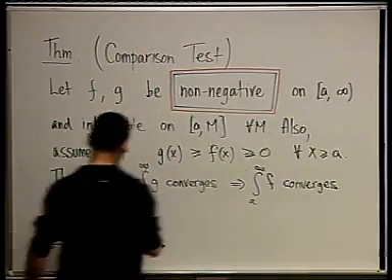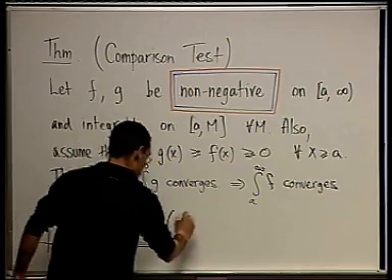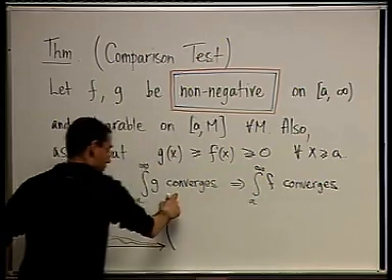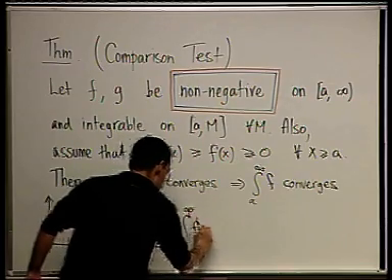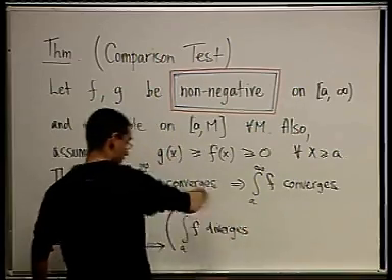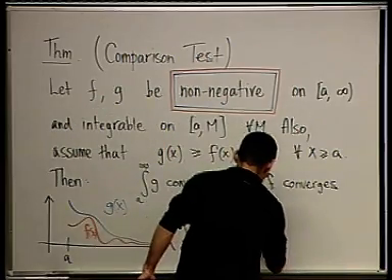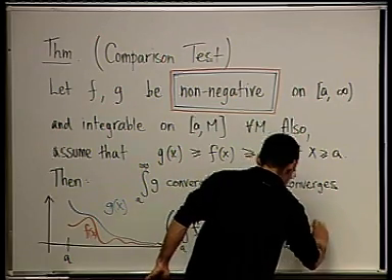And it's, of course, a two-for-the-price-of-one theorem. So if this does not happen, then of course this does not happen. So if the integral from a to infinity of f diverges, this is not another theorem, it's just a different way of saying the same theorem, then the integral from a to infinity of g diverges.